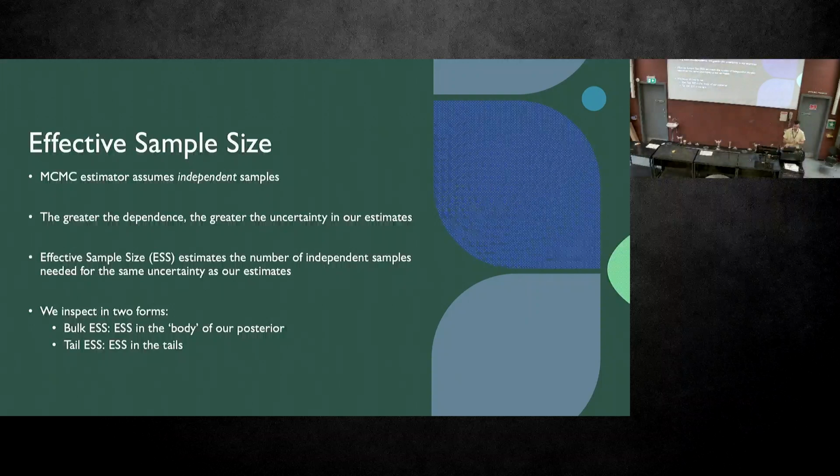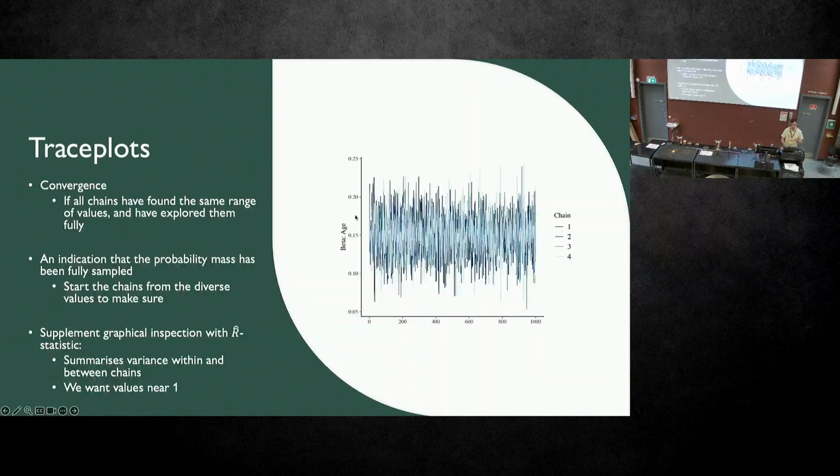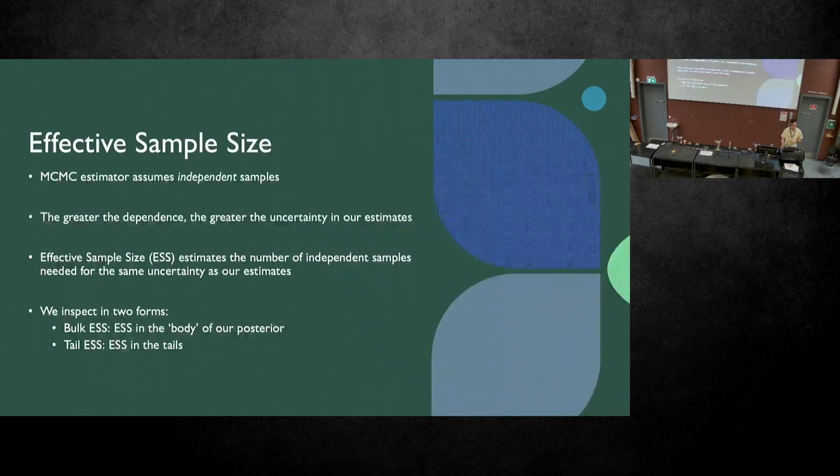Cool. All right. Now, beyond trace plots and convergence, there's still the question of, just because all of our sampling chains have found and explored the same region of the probability mass, does that mean we still have sufficiently informative samples to base our estimates on?